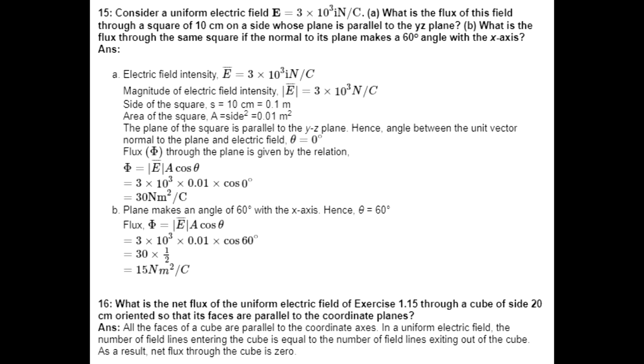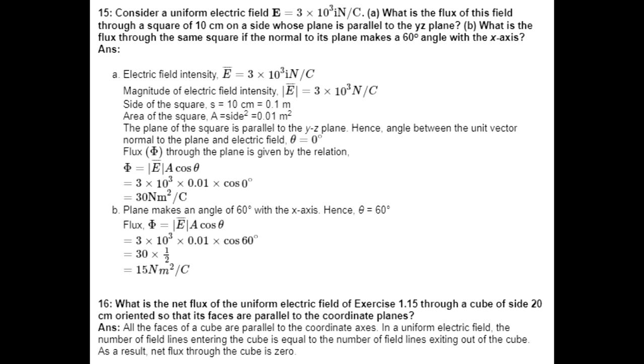Here you can see the electric field is given as 3 × 10^3 i cap, and so the area of the plate will be 10 centimeter into 10 centimeter, that is 100 square centimeter, which is equal to 0.01 square meter. Initially, the electric field is normal to the plane, so the angle theta is 0 because the area vector is perpendicular to the plane.